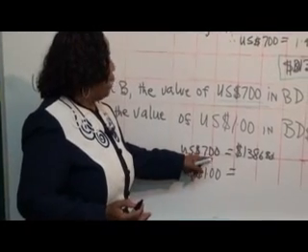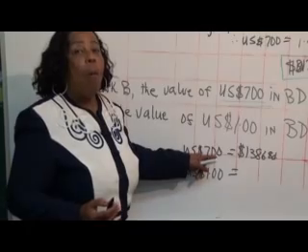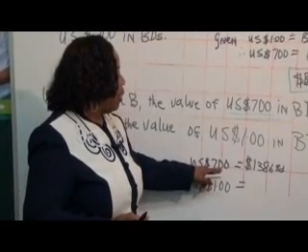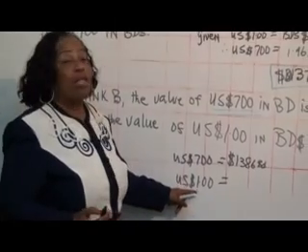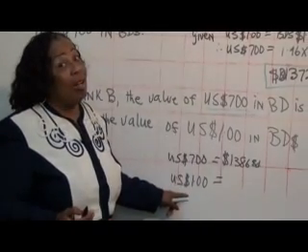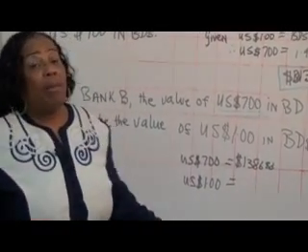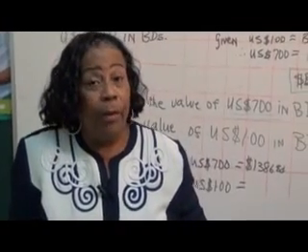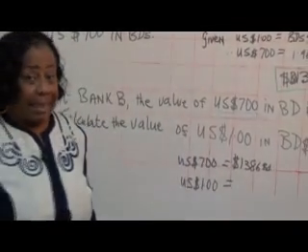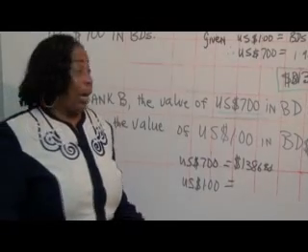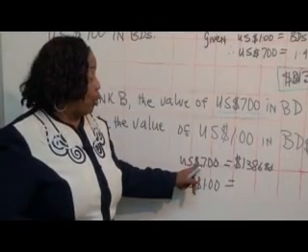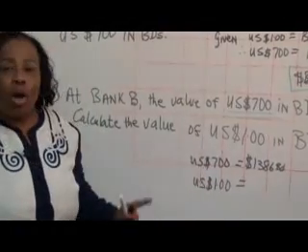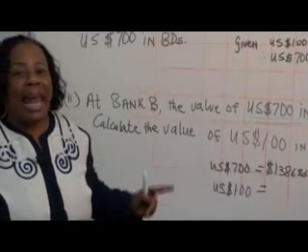700. Do we expect to get more BDS dollars for 700 in contrast to what we'd be getting for $1? Would we get more in terms of $1? What would we get, Jetta? It would be less. Isn't that true? Right? So we have $700 giving us 1386, so $1 would give us less.